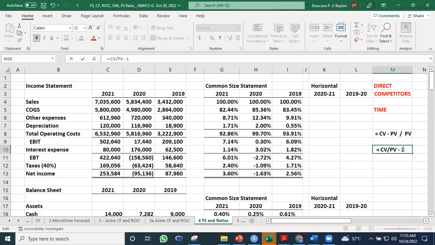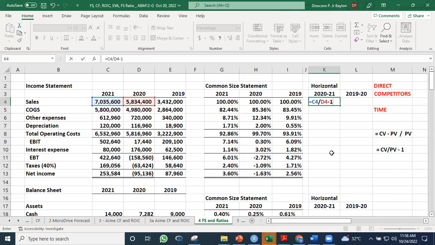So personally, I prefer this formula kasi mas madali siyang gamitin kasi tinaw niyo, dalawa lang yung values na titingnan. Ito tatlo eh. CV minus PV divided by PV pa ulit. For me, this is a lot simpler. Okay, so let's do that here. Again, one formula is equal to current value divided by the previous value minus 1.